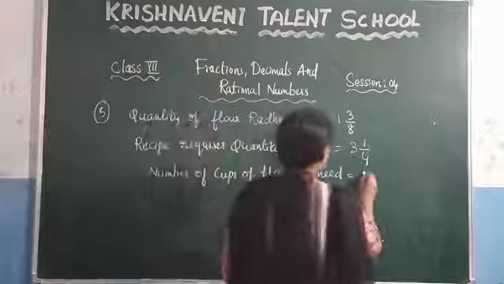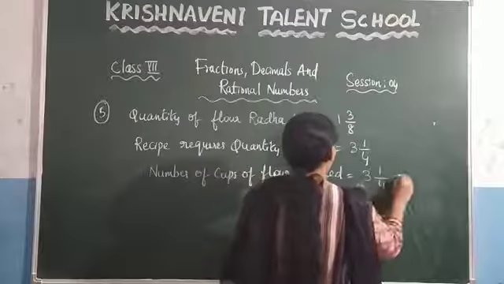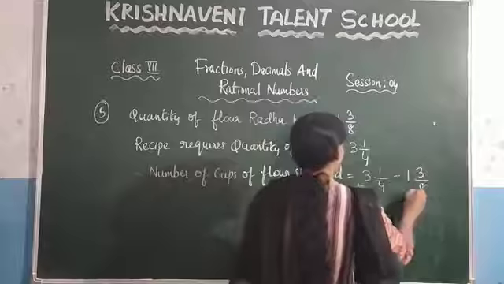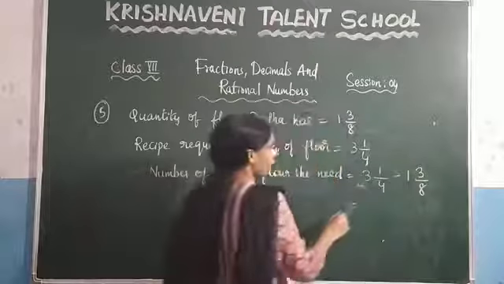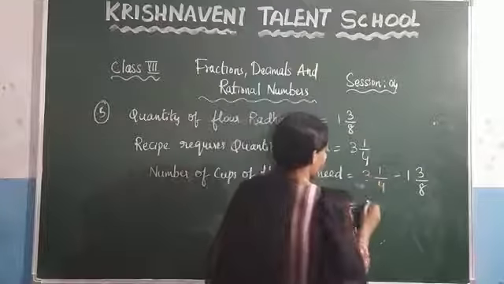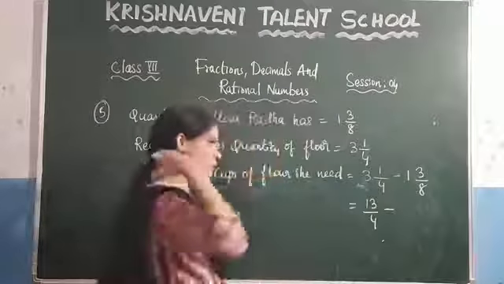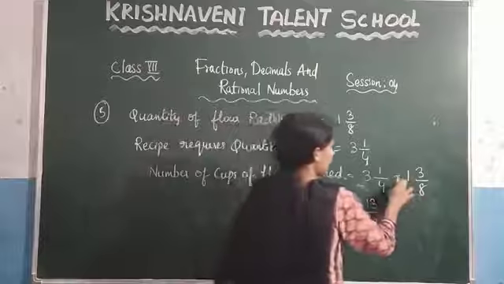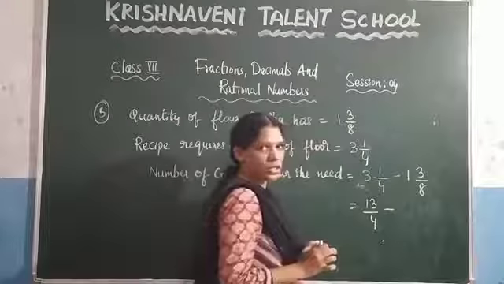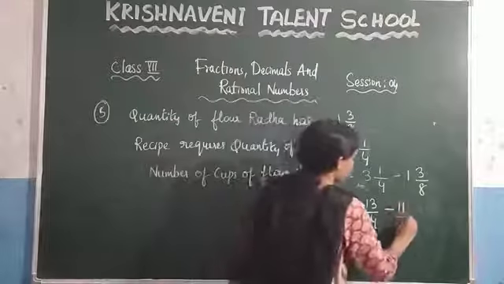So here subtract it here. 3 1 by 4 minus 1 3 by 8. Now here what do you get? 4 3s are 12 plus 1, which is 13 by 4. And after that just multiply 8 into 1, which is 8, and plus 3. What you get here? 11 by 8.